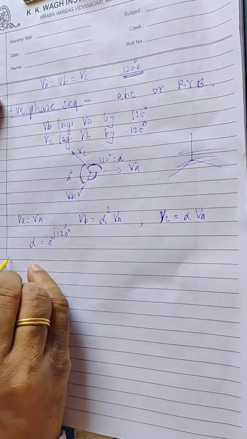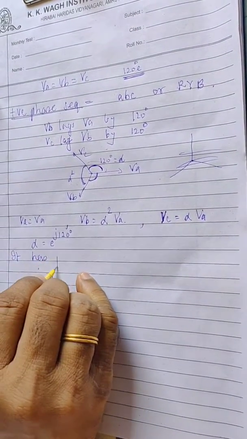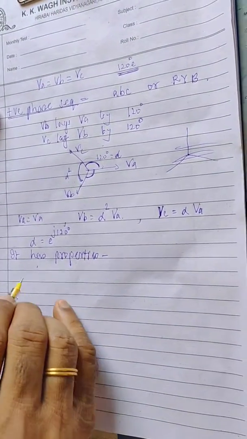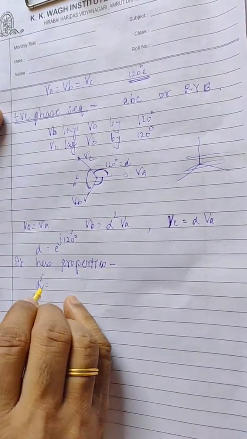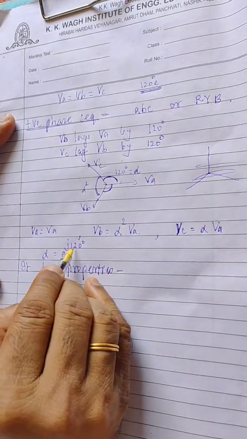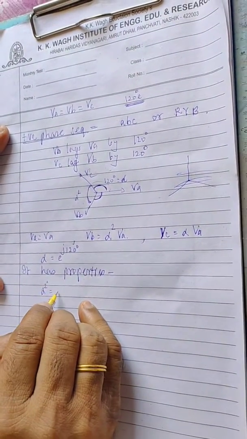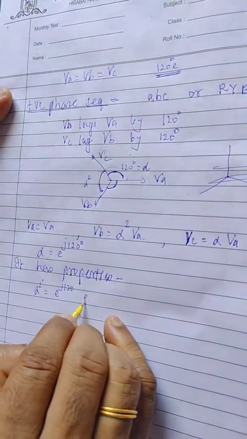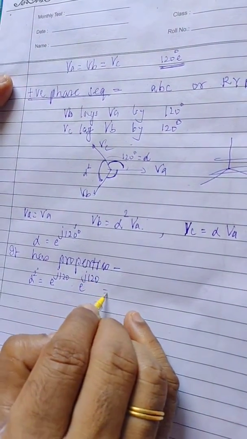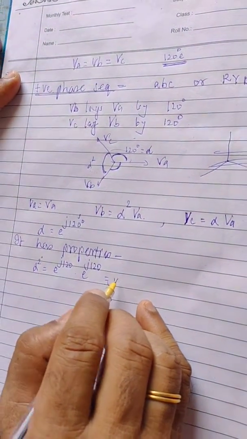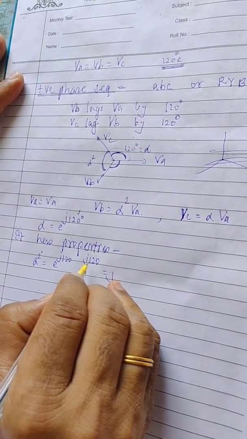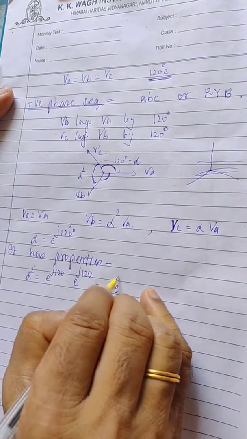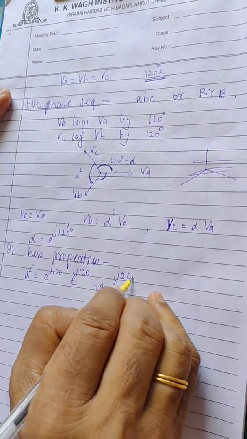It has the following properties. One: alpha is e raised to j 120, so alpha square is alpha into alpha, e raised to j 120 times e raised to j 120, which is e raised to j 240.